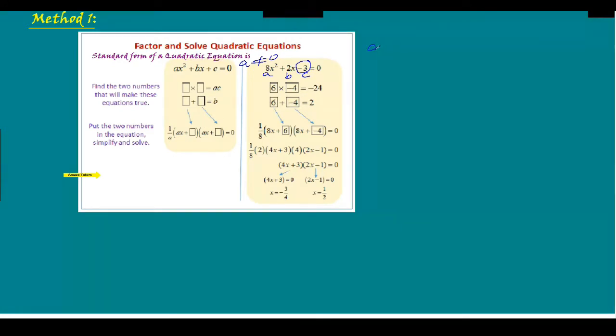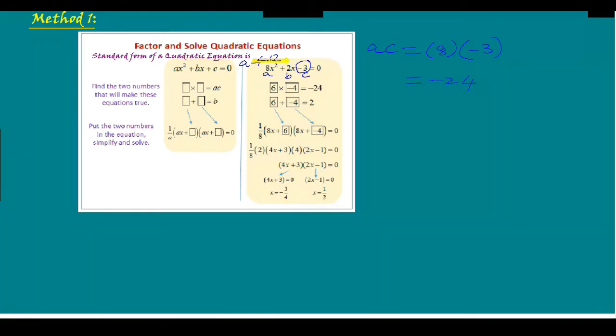Now AC means A, the coefficient of x squared, times the constant. That is 3 8s are 24, negative 24. Now I need to find the two numbers whose product is negative 24 and whose sum is positive 2, because B is 2 here.